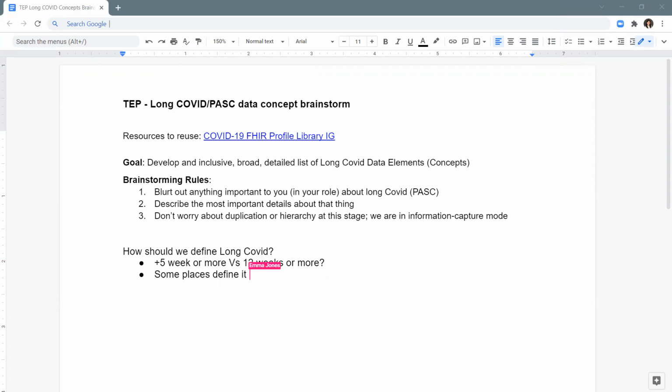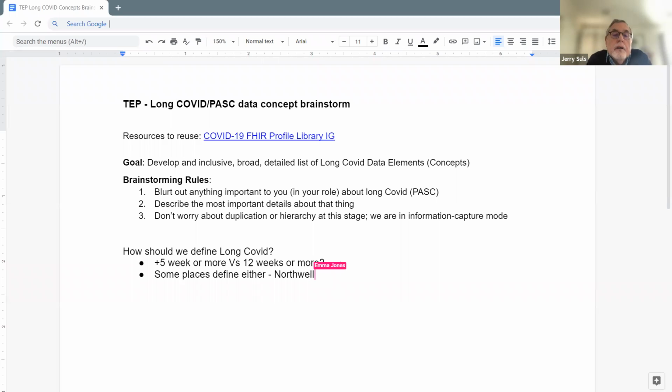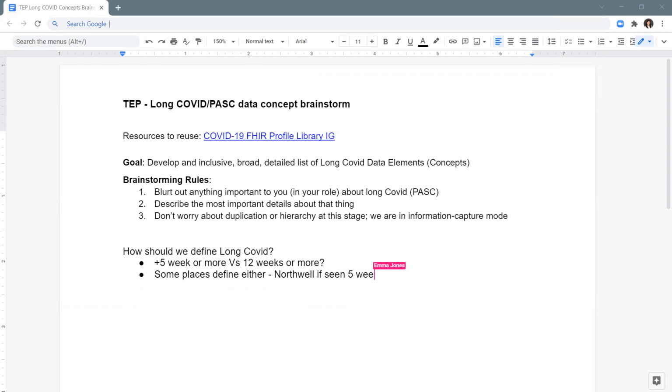Oh, okay. I don't know if I have a strong sense of it. Certainly at Northwell, if there's something they see at 5 weeks after hospitalization, they frequently put that patient in the long COVID basket. Okay, great. Thank you.